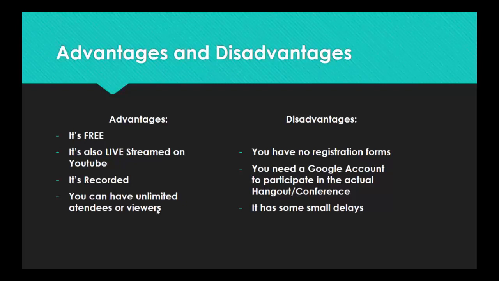Now, obviously, there are some disadvantages. You have no registration forms, so you have to set up all the registration stuff on your own. Okay, you have to set up your emails, you have to send the reminders to people, you have to set up a landing page and other things like that. You need a Google account to participate in the actual Hangout conference. So obviously, you as the creator of the webinar will have a Google account.